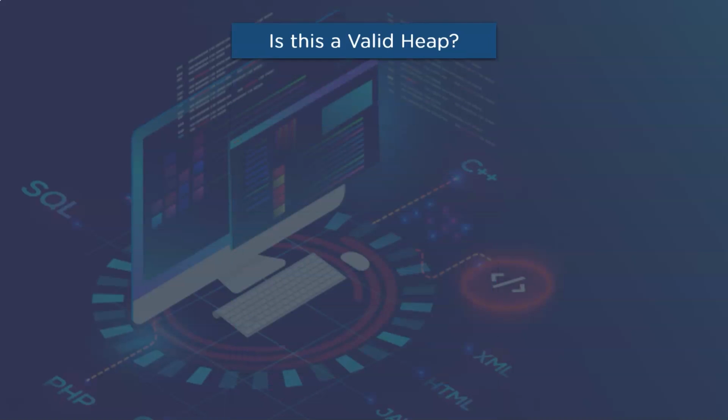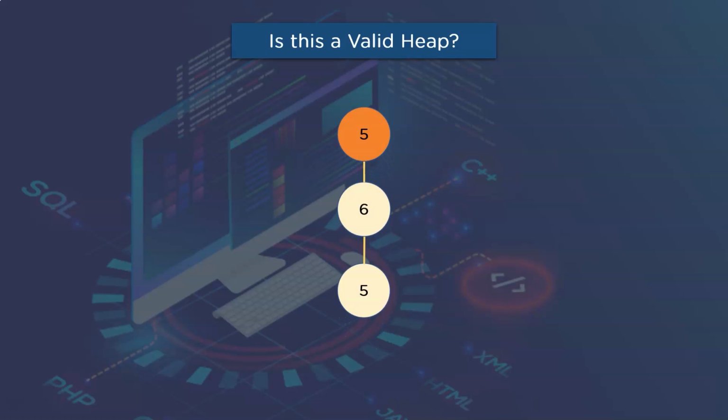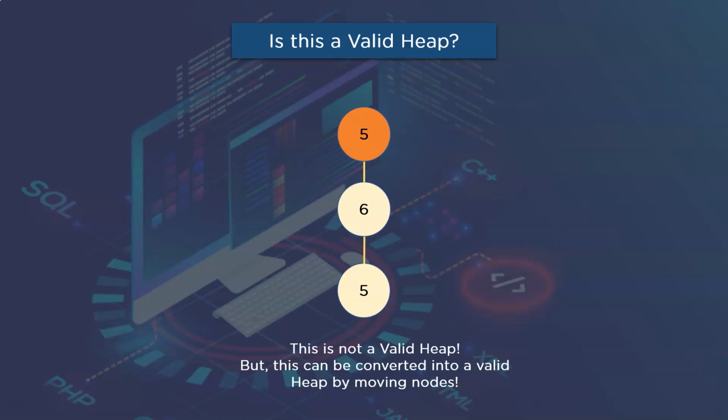Now, this is the last structure that we are going to check if it is a valid heap or not. What do you guys think? Is this a valid heap? Well, I think it's pretty clear that this is not a valid heap, but it can be converted into a heap by making one small change.